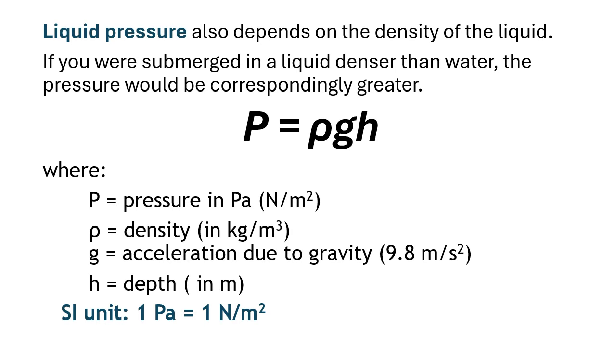P is pressure measured in pascals or Newton per square meter. Density is measured in kilograms per cubic meter. g is acceleration due to gravity, which is 9.8 or 9.81 meter per second squared. And height is the depth, usually in meters.